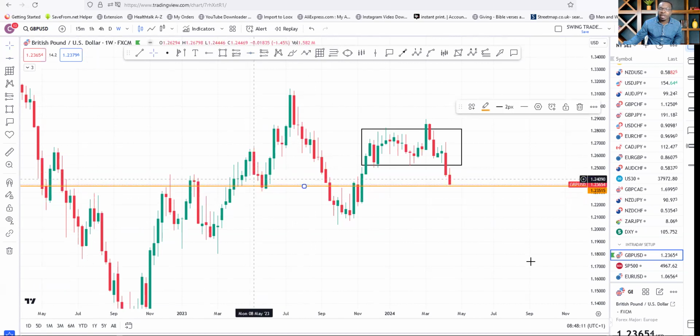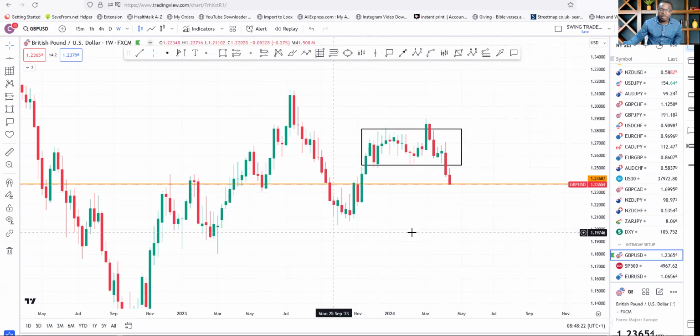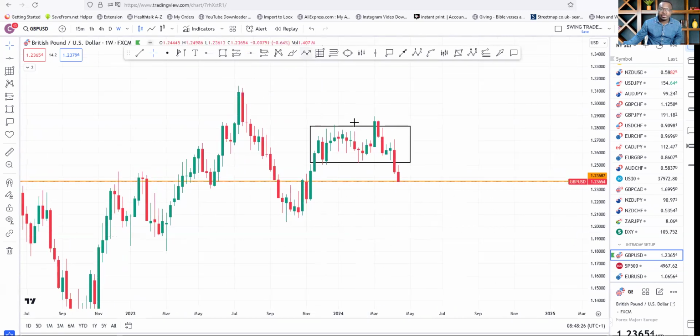This zone that price has reacted to on many occasions, and you can see it is between 12400 psychological level and 12300. So this area could be a potential barrier on the weekly, but we are not sure yet. Price could pull back, retest, and drop. That could happen, but we're not sure about that.